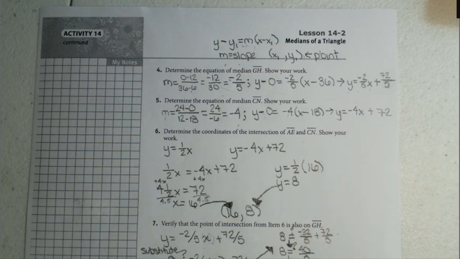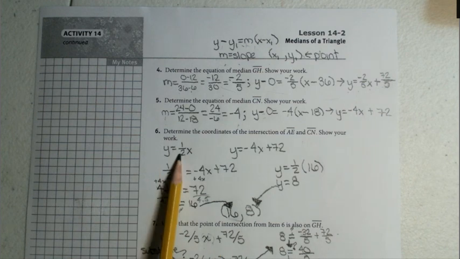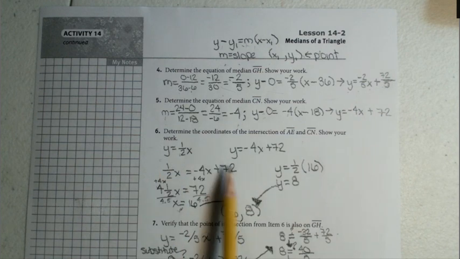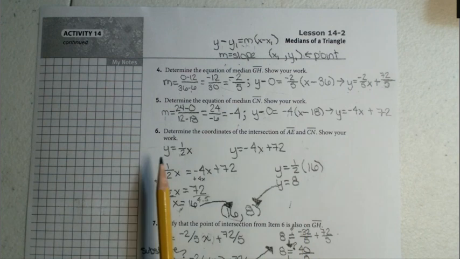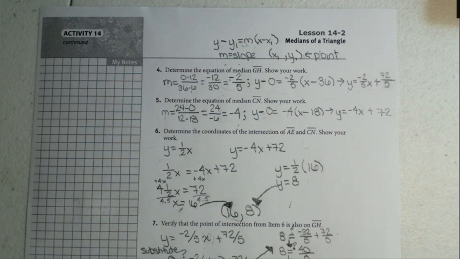In order to find the intersection, you want to find where the two points are the same, or the lines cross each other. So what I did was I set the two equations equal to each other and I solved for x. X was 16. Well, if x is 16, then I plugged it into one of the two equations and I got the value of y as 8. So these two lines cross at 16, 8.